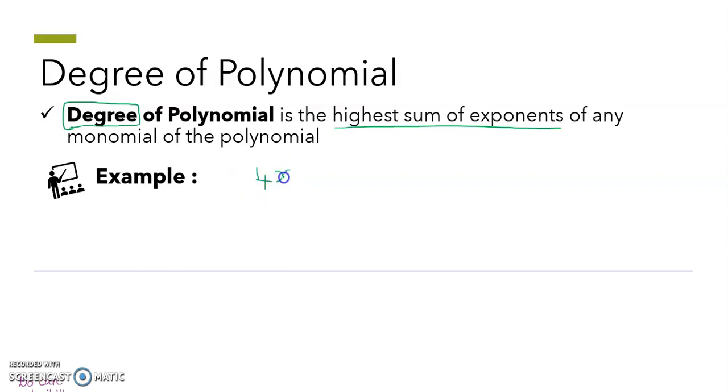4x cubed plus 3x power 4. What is the degree of each term here? For the first one, the degree is 3. For the second one, the degree is 4. Which is bigger? 3 is bigger or 4 is bigger? 4 is bigger.